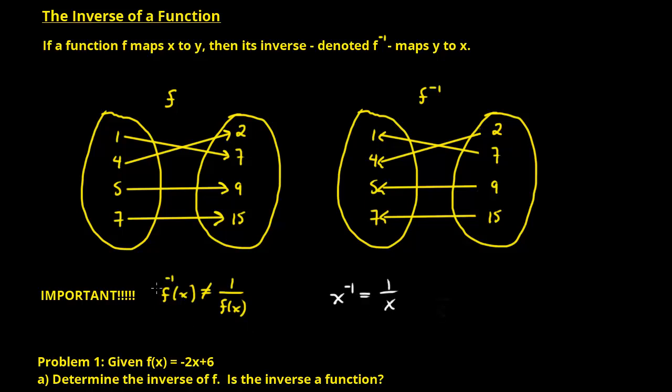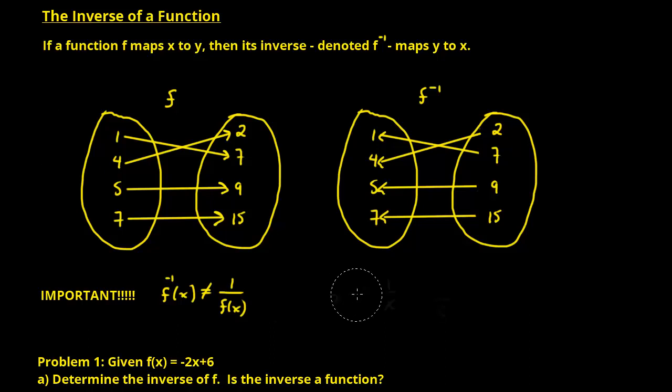But a really important thing to note is that f inverse of x is not equal to 1 over f of x. That is definitely not true, okay? So that's something that's really important to keep in mind. Even though x to the power of minus 1 is equal to 1 over x, f inverse of x is not equal to 1 over f of x.